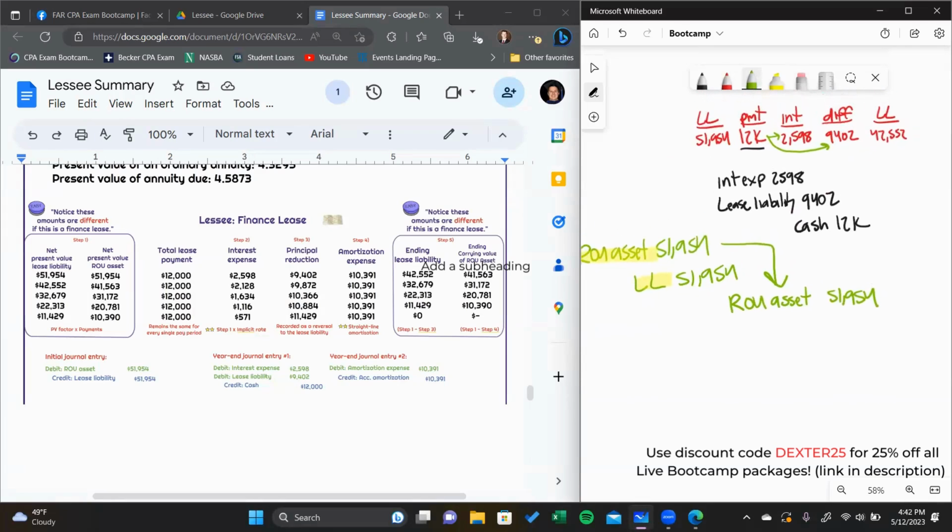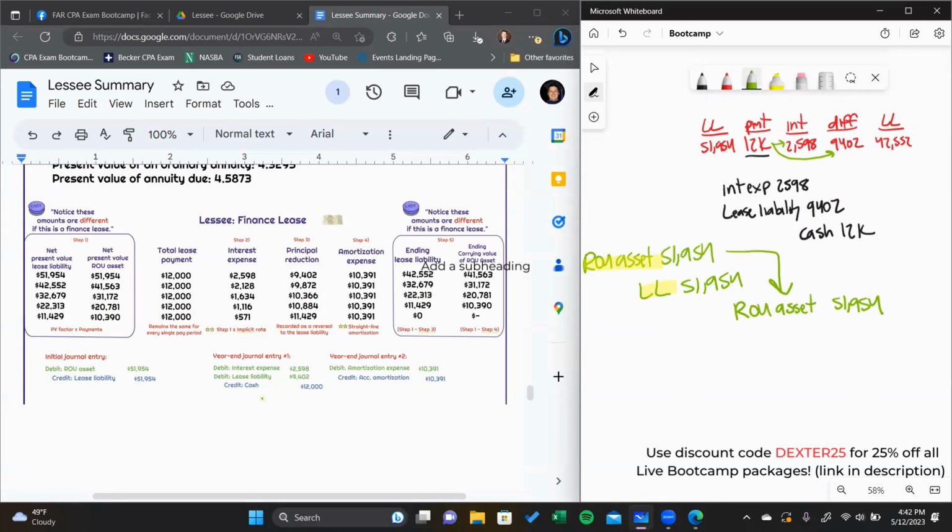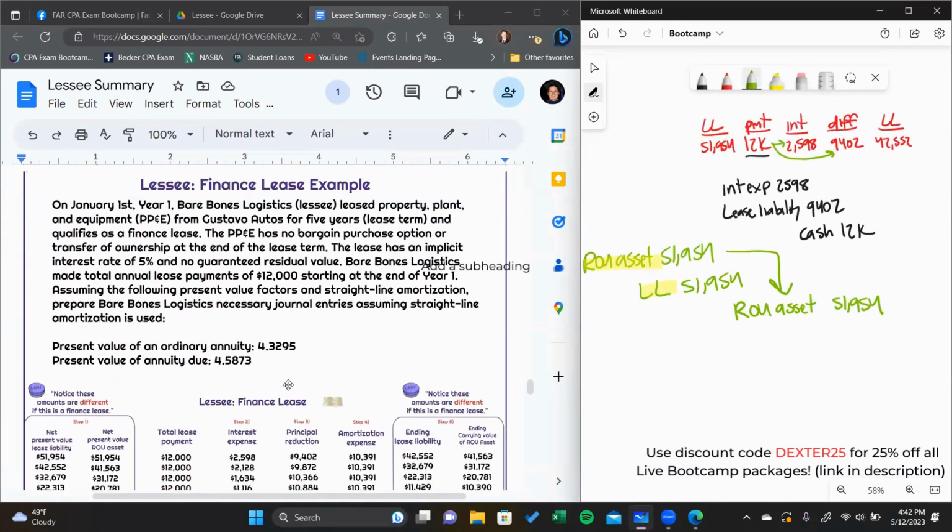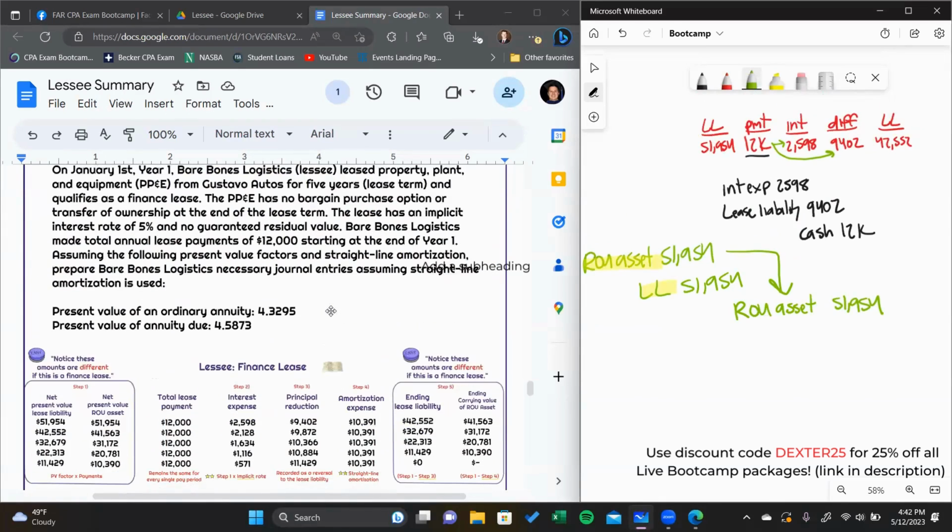So we do it straight line. We take the $51,954 and we're going to be doing this over the life of the lease. The lease is 5 years, so 51,954 divided by 5 is 10,391.